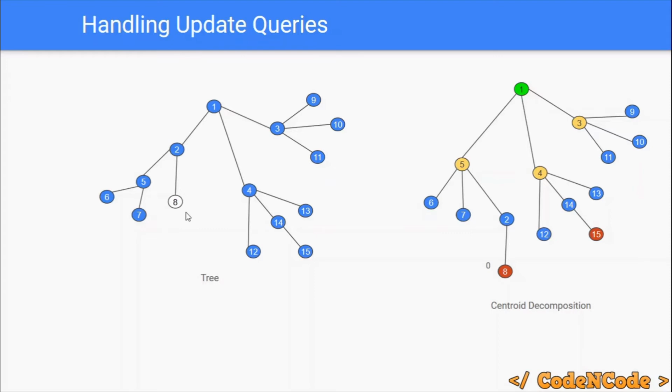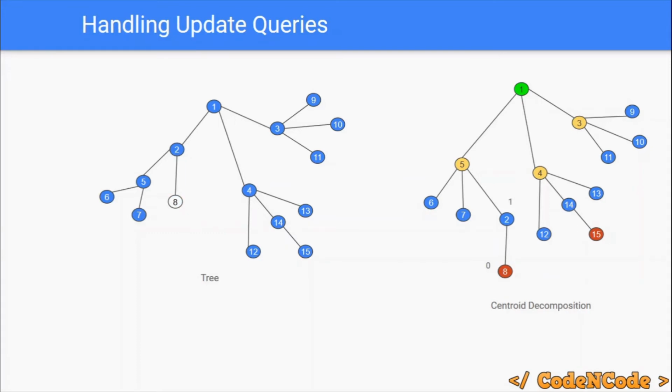Now since node 8 is also there, the distance between node 2 and node 8 is 1, and that we count in the original tree, remember, because the answer we have to give is in accordance with the original tree. So since node 8 is at distance 1 from node 2, this would be updated to 1.